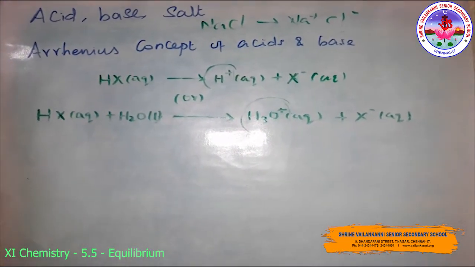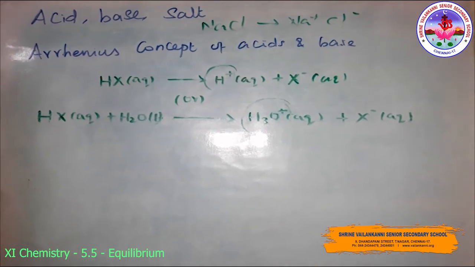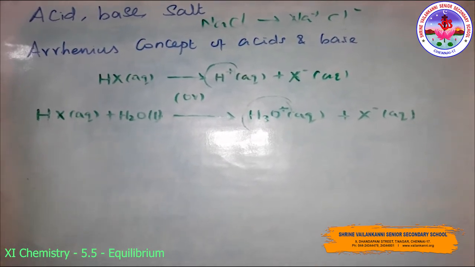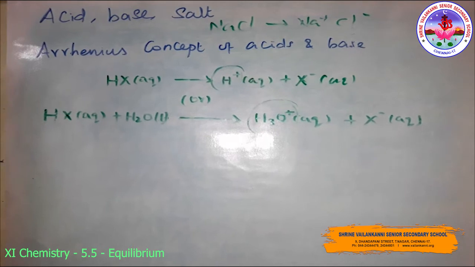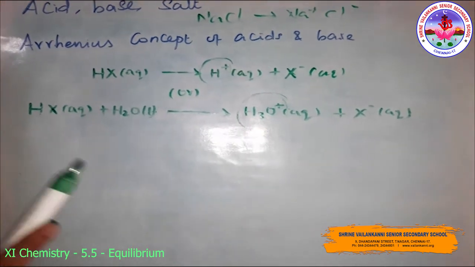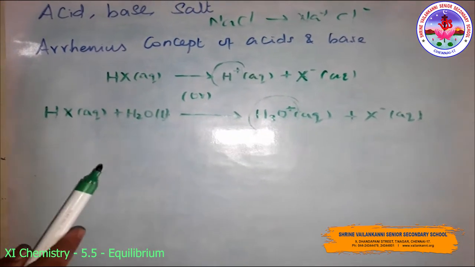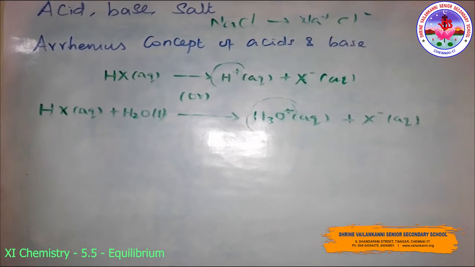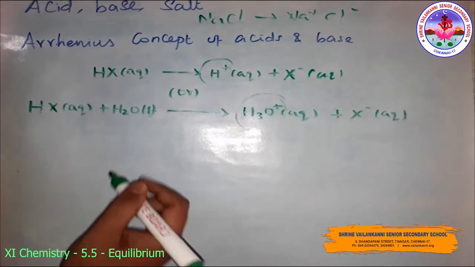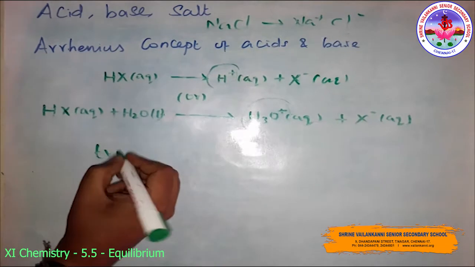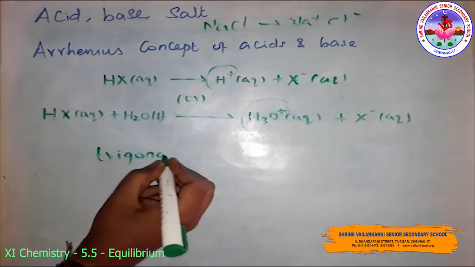A bare proton, H plus, is very reactive and cannot exist freely in aqueous solution. So it bonds to the oxygen atom of a solvent water molecule to give the hydronium ion, which has a trigonal pyramidal structure.